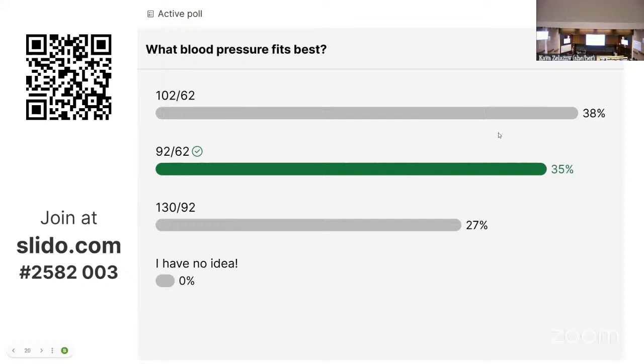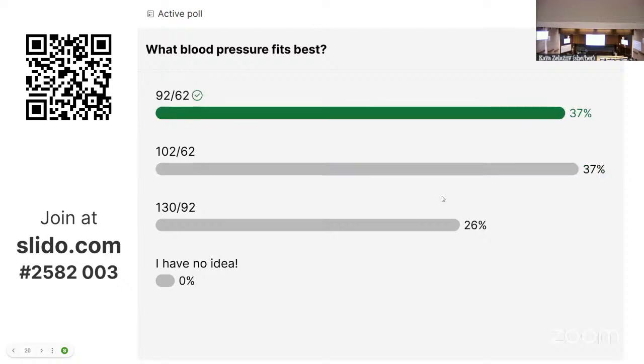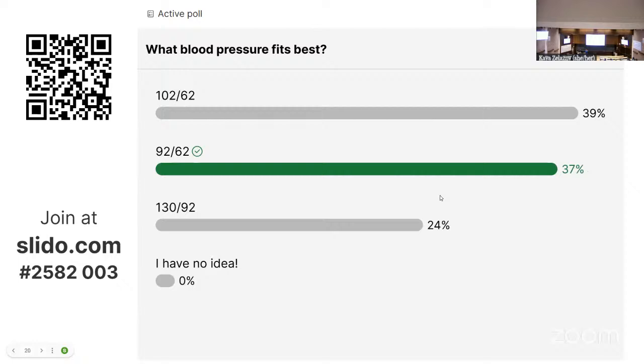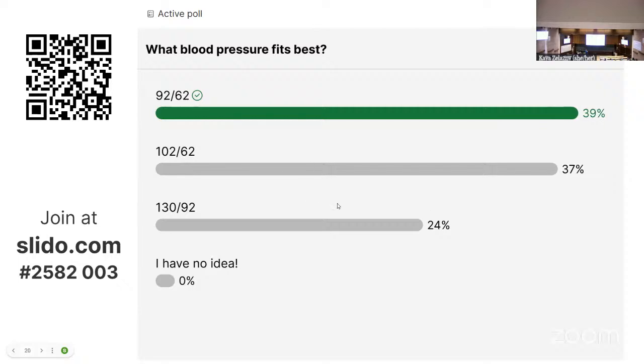Okay. So let's look at it one more time, right? So remember, we're thinking about slight tick, right? We want to see the tick. We want to hear the tick for our high pressure, our systolic pressure, right? And then we're thinking about when we're losing that ticking sound for our diastolic pressure.